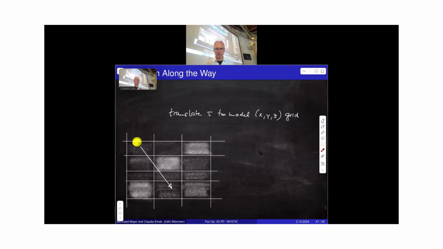So this is really tracing through all the grid boxes, and this costs some time. But for standard forward Monte Carlo modeling, it's the most costly process here.